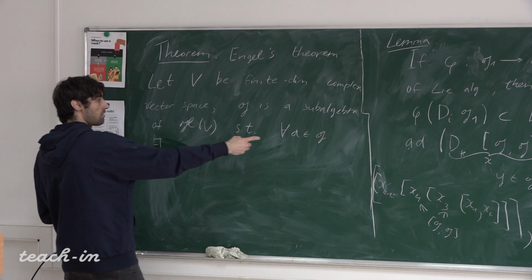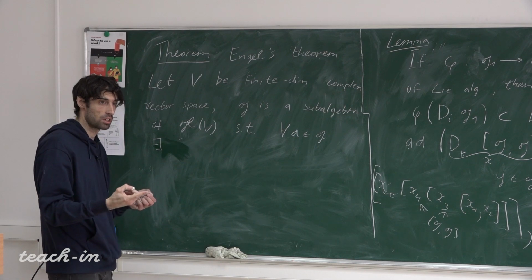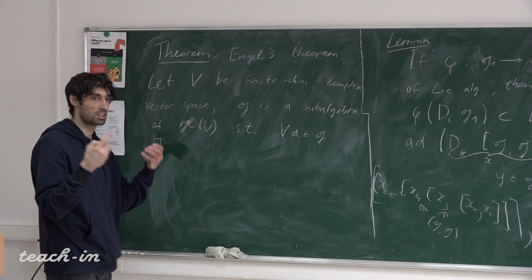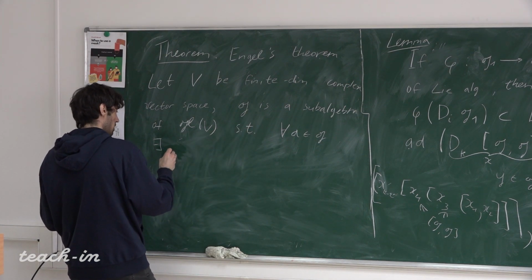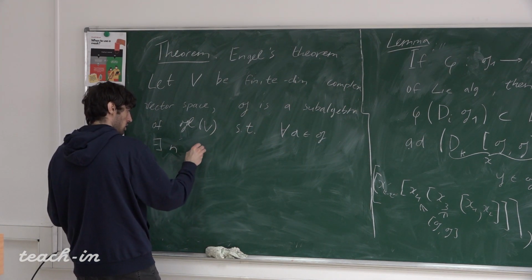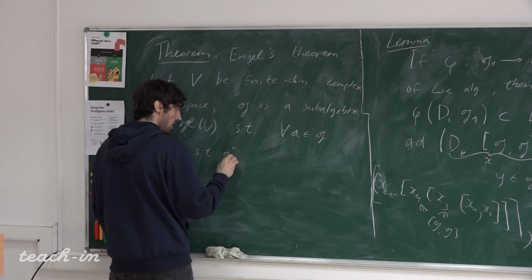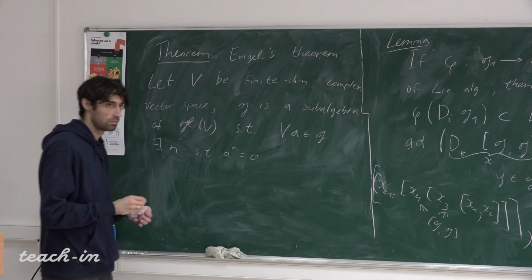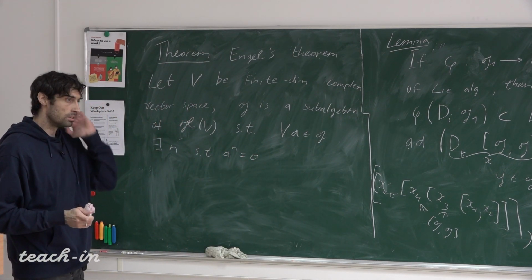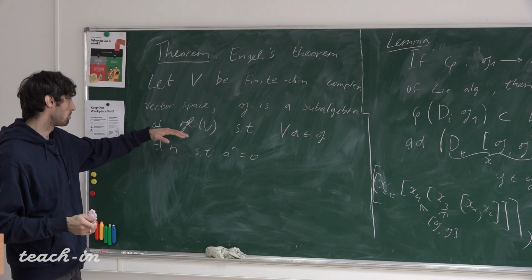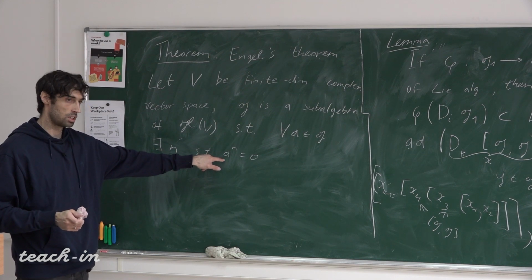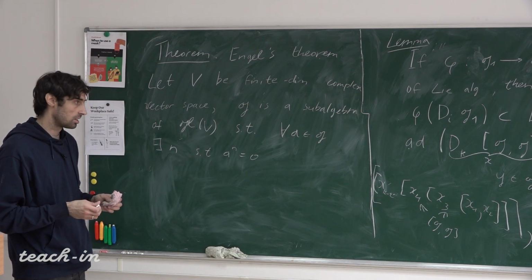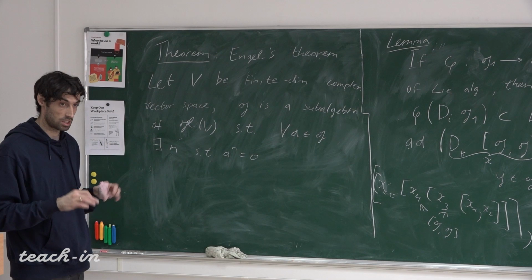So every element in G is nilpotent, nilpotent in the sense of matrices, what you said to me before. So for every A in G there exists n such that A to the power n is 0. So suppose there is some subalgebra in GL(V) such that every element A in the subalgebra is nilpotent in the sense of matrices.